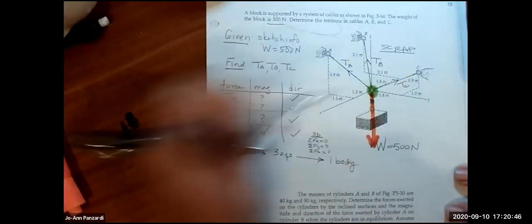It would be pointed towards the B. And how about TC? Towards the C. Right. And why are they drawn away from the link? Because tension is always pointed away from the point that you're looking at. Right, exactly. And the cable is pulling this link, right?